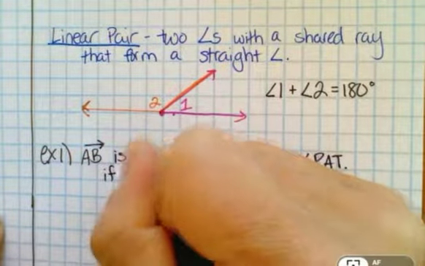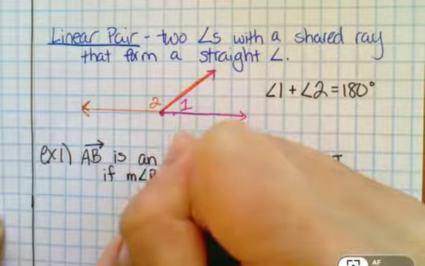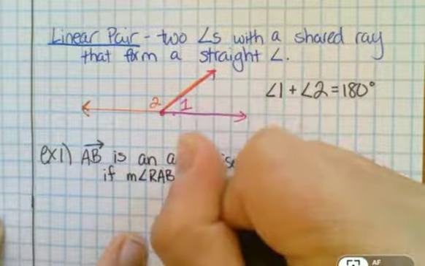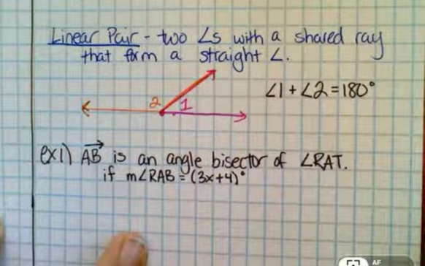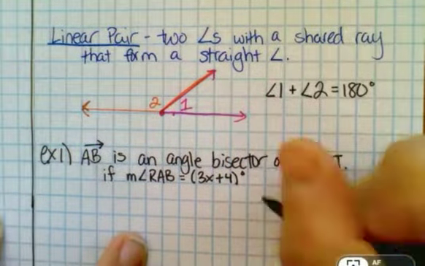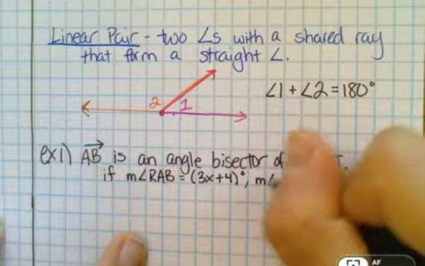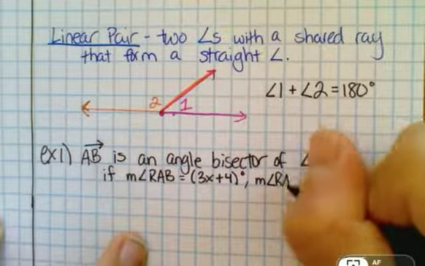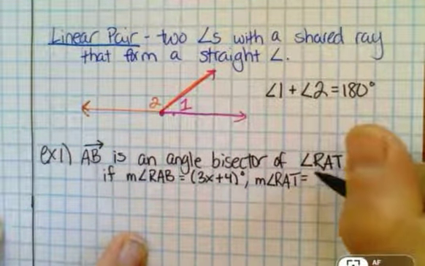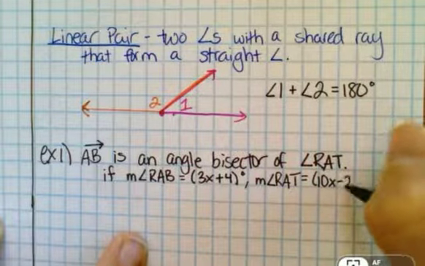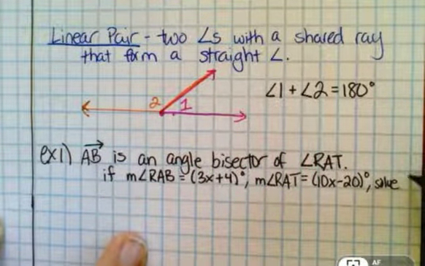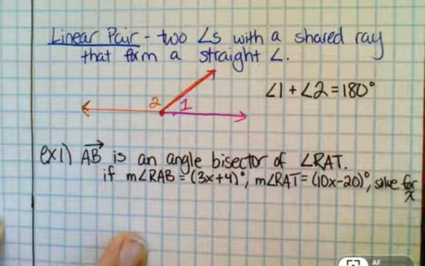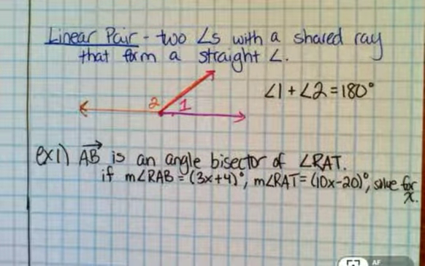If the measure of angle RAB equals 3x plus 4 degrees, and the measure of angle RAT equals 10x minus 20 degrees, solve for x. So take a minute and get that down.